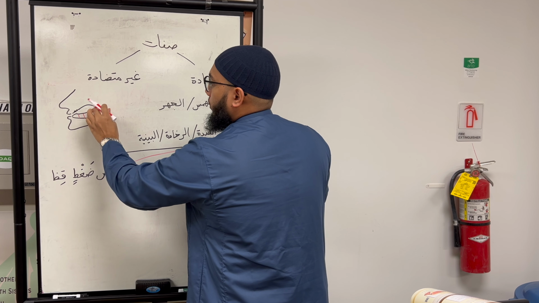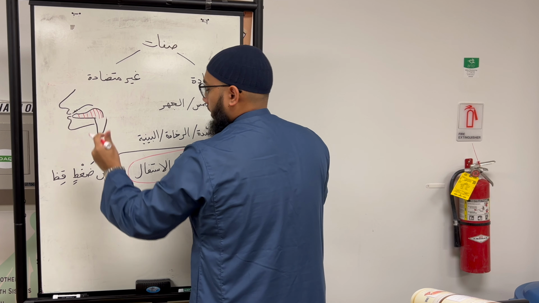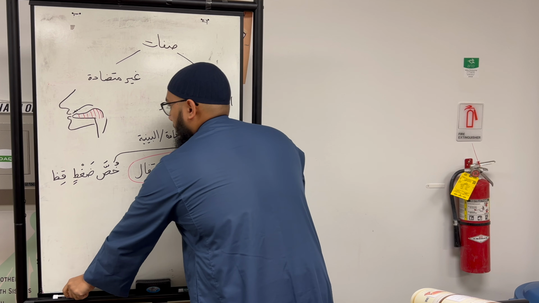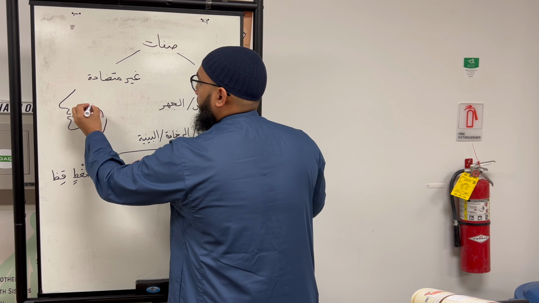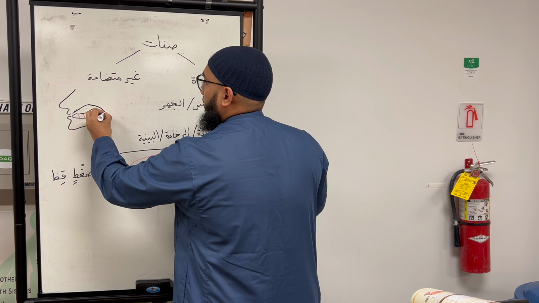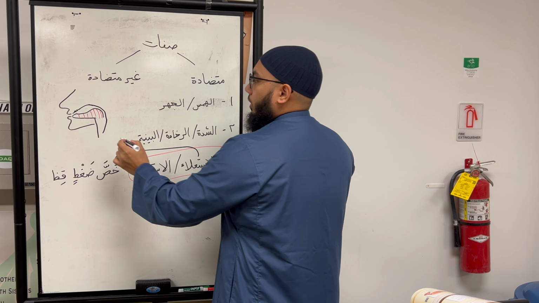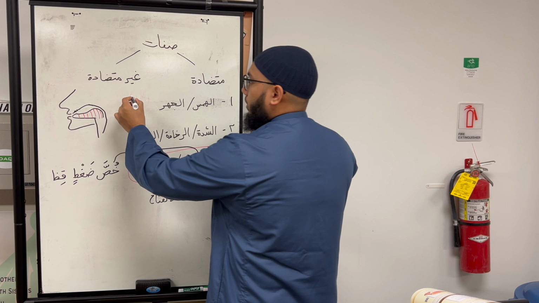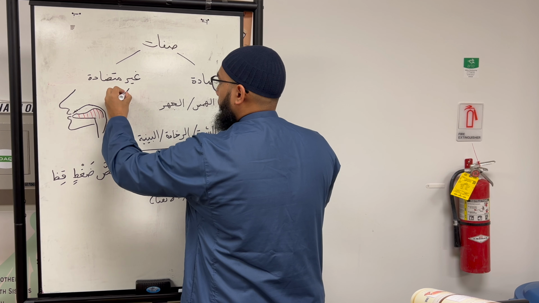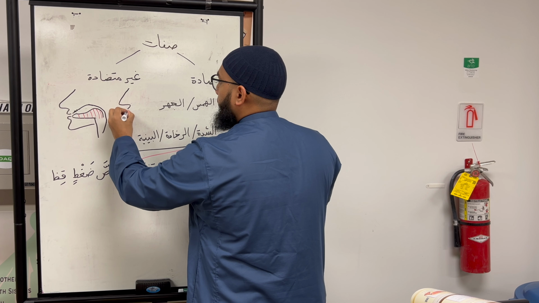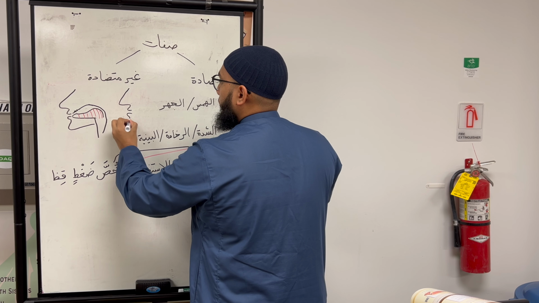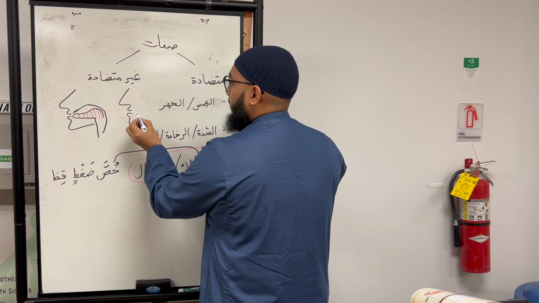And there should be a little passageway so the sound can get through. It looks like it's blocking completely. It shouldn't be blocking. There. What happens is, now I'll draw another image here so that you can see what happens in istifal. He has kind of an underbite.